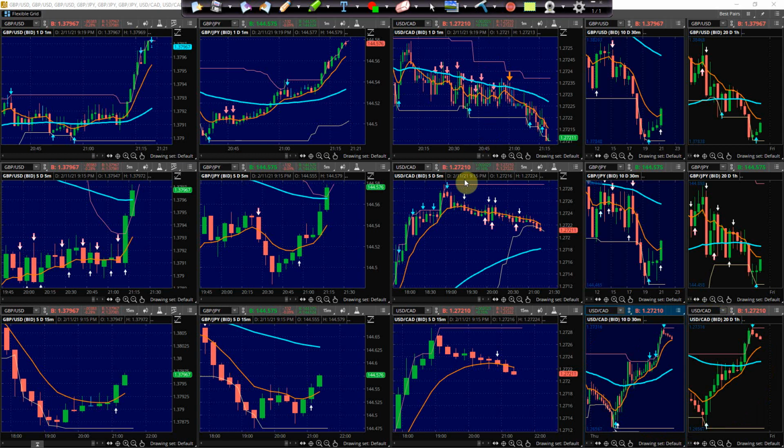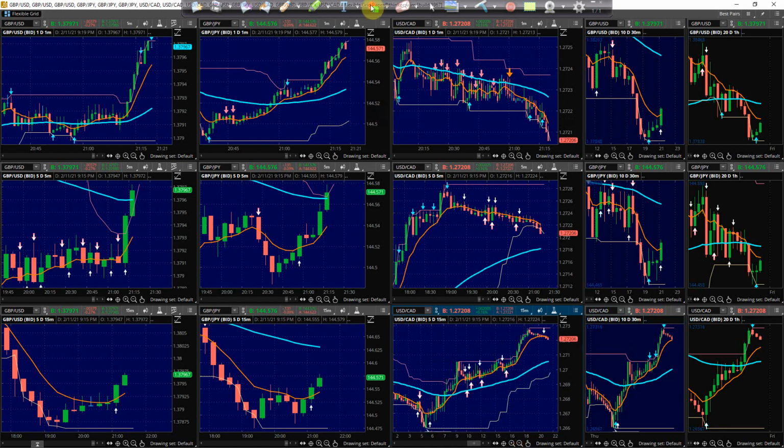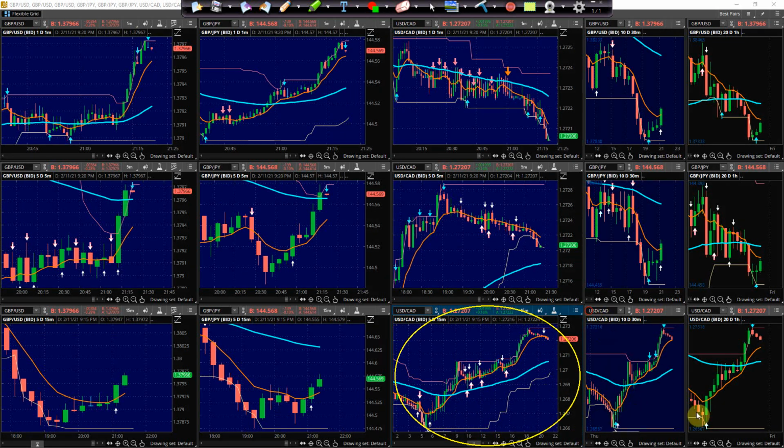Once you have a bias, once you have figured out what direction you're going to be trading for the day, step number 2 is you go to the 15-minute charts, which is over here, and we're looking for arrows in the same direction as the longer term bias. Because these arrows are pointing up, we are only interested in looking for up arrows, period.